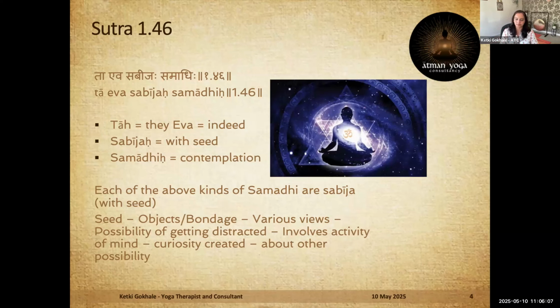Bija is the seed. Now here there are various interpretations of this word bija. This seed or bija can be interpreted as the object of meditation, because all the time we need a certain prop to hold our mind upon. And that can be interpreted as bondage, correct?